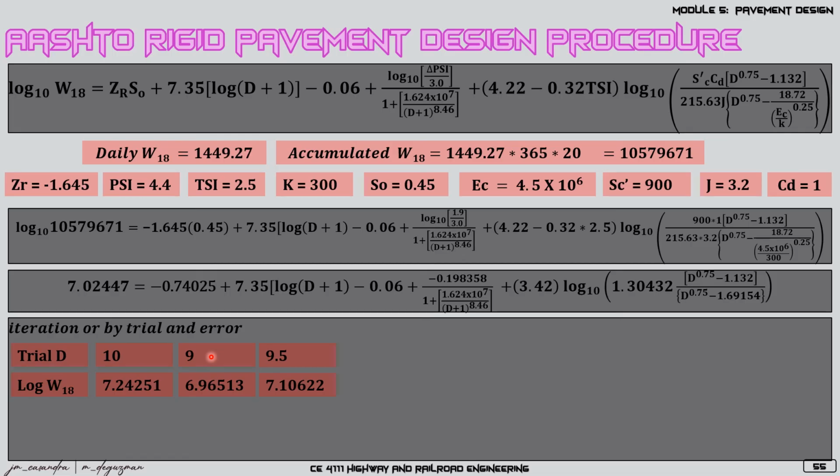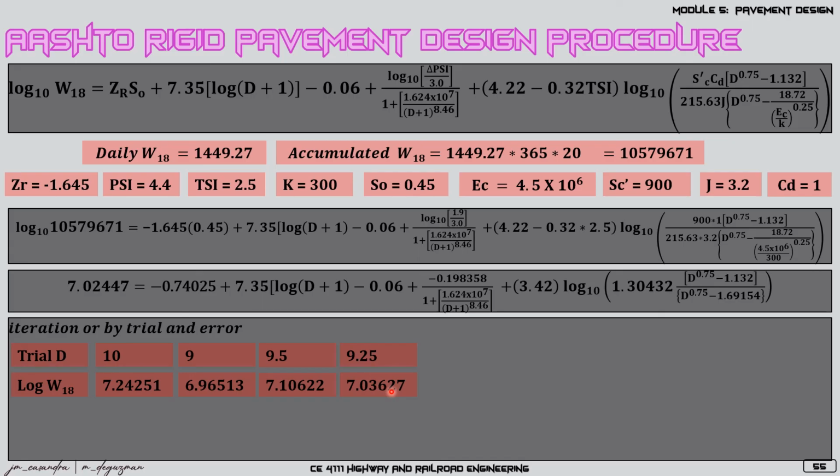It will give us 7.10622. So meaning, it's still not equal. So 7.02 is between 9 and 9.5. So we could use 9.25, which will give us 7.03627. So checking our value, it is still not equal, but almost near 9.25.